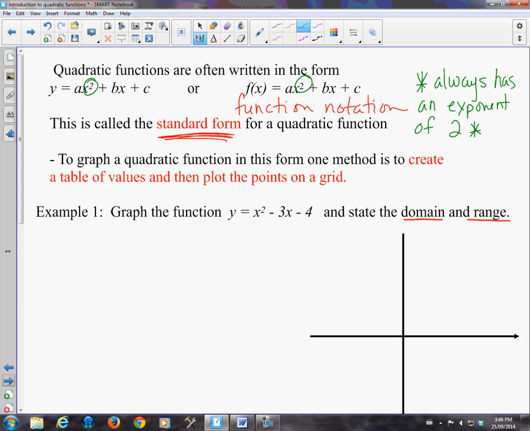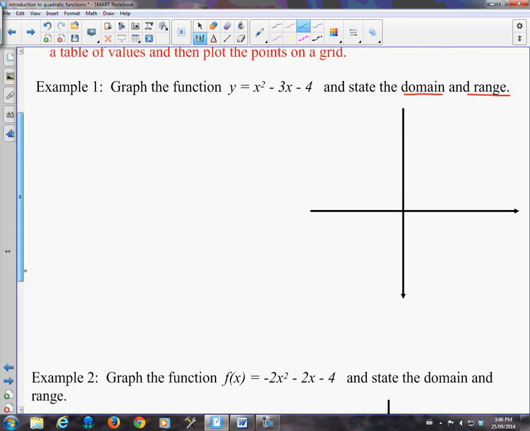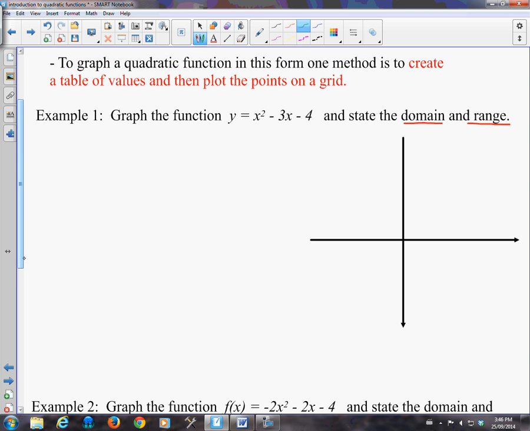To graph a quadratic function when it's in standard form, we want to make a table of values and then we put those points on the grid. So we're going to look at a couple of examples together. So if I want to graph this function, I'm going to make a table of values. That means I choose numbers for x, like -3, -2, -1, 0, 1, 2, 3.